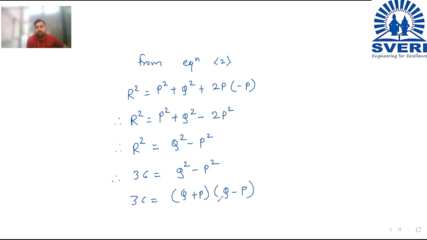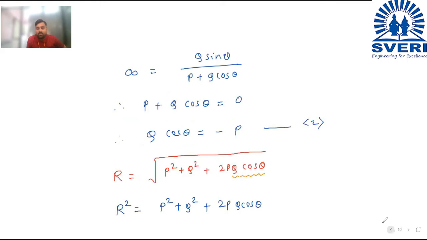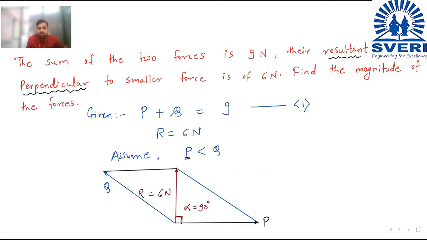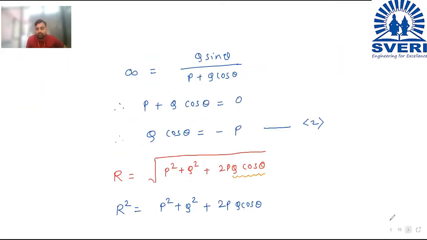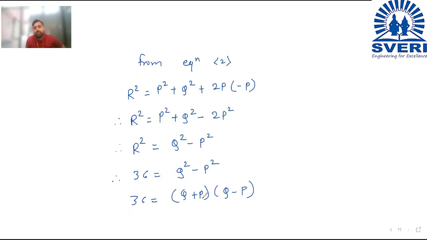Okay, but from equation number 1, what does our equation 1 say? P plus q is 9. So we can put that value over here. Here q plus p and p plus q are one and the same thing. So here I can write 36 is equal to 9 into (q minus p). This is from equation 1. So if I do the calculation, 9 ones are 9, 9 fours are 36.